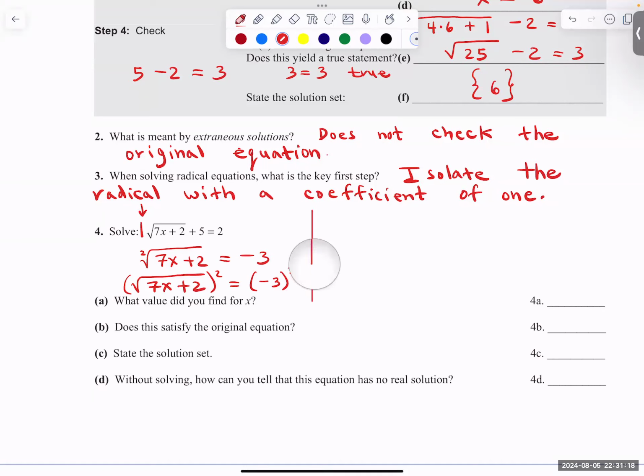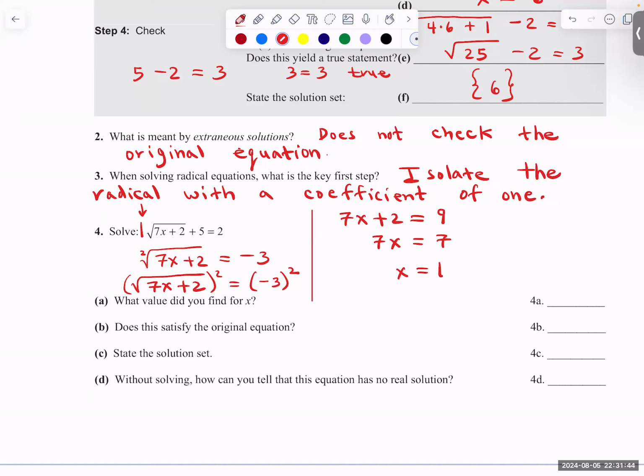Squaring will mathematically eliminate the square root, so we get 7x plus 2 is equal to 9. Subtract 2 from both sides, and we get 7 equals 7 times x. Divided by 7 on both sides, so potentially x equals 1.